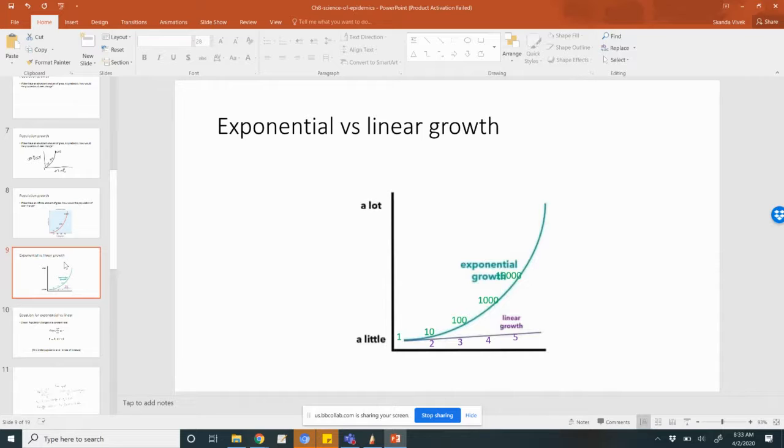The linear is growing at a constant rate, whereas in the exponential, you're going by a constant factor. Any questions here? No questions?